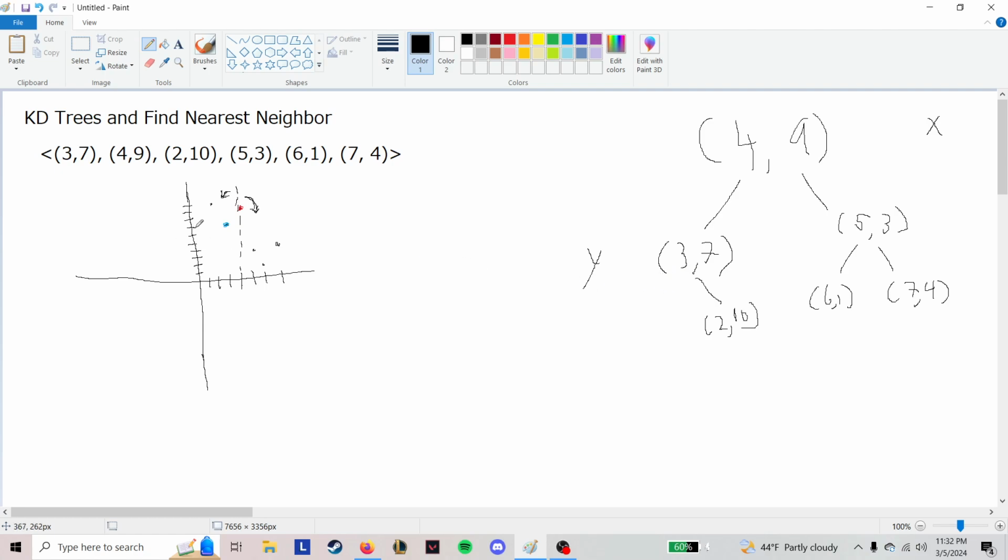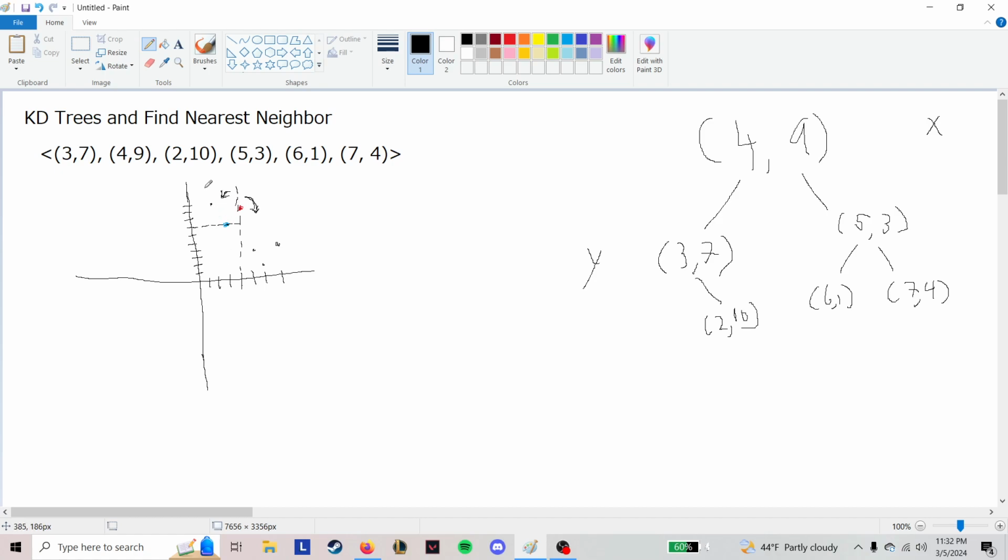So here I can draw a horizontal divider line, and all points in my right subtree would be found above this line, and all points in the left subtree would be found below this line. Because I'm splitting on y, the line is going horizontally instead of vertically. Hopefully that makes sense.